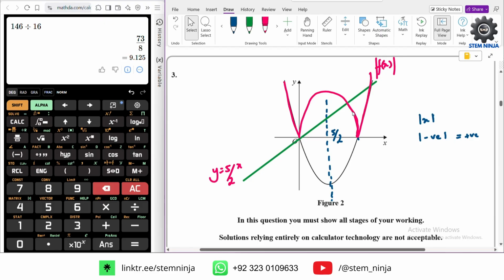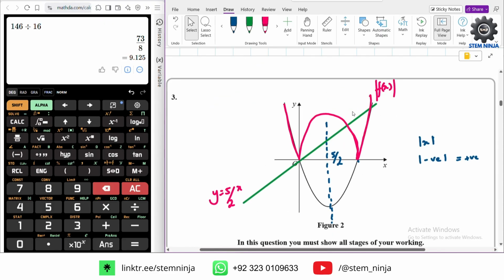Now we need where the function is greater than 5 over 2 x, so basically we need the values of these. Okay, so only at this place it is less than. So if we can figure out what this value is and what this value is, we can figure that out.